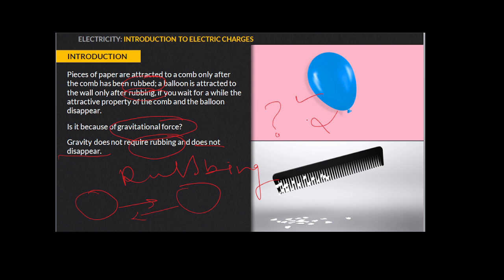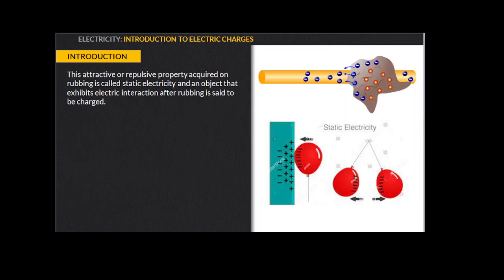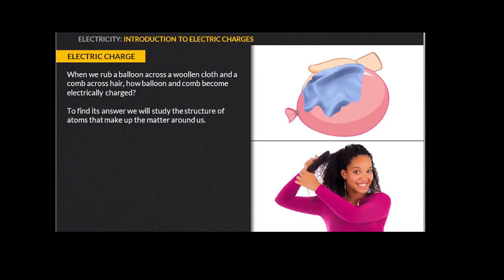Then what is it? To understand this attractive and repulsive property, we first need to understand the atoms that make up all the matter around us. The important thing to understand is that when we rub any object, it becomes electrically charged.